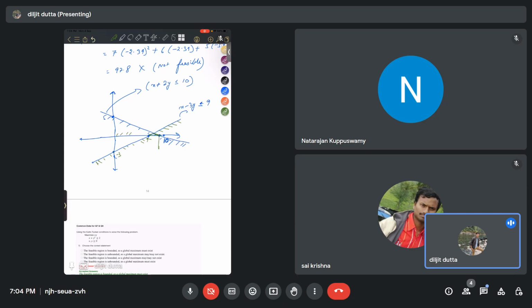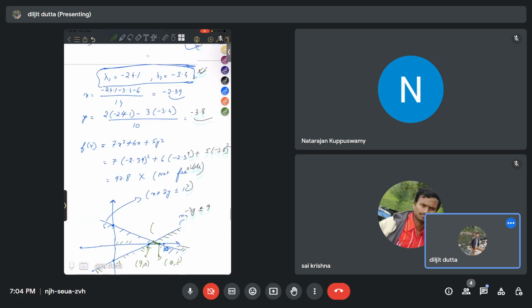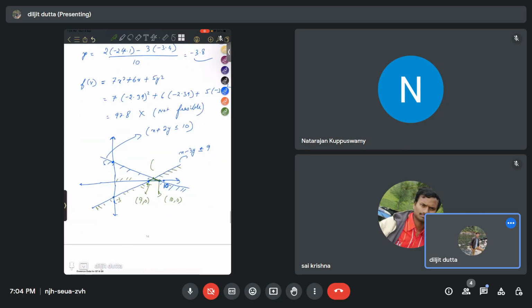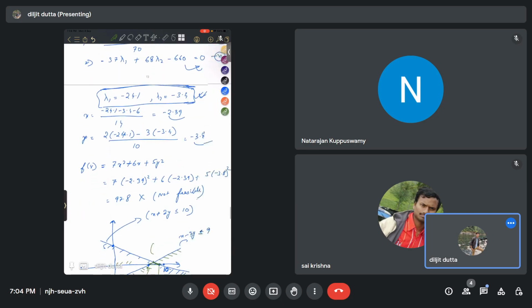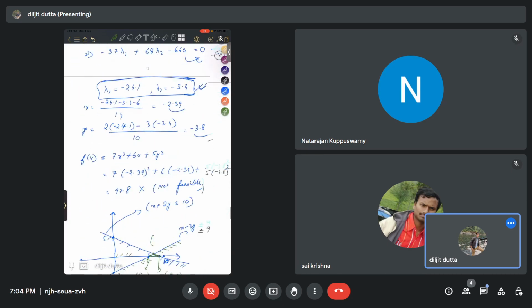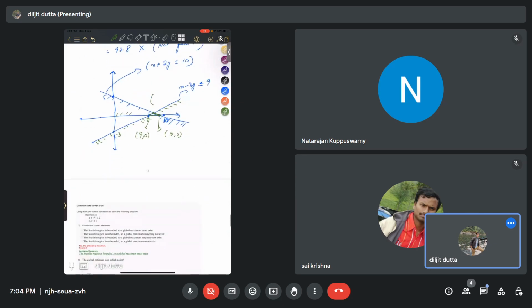So, one point is what? 10 comma 0, the other point is 9 comma 0, and the third point will be the intersection of these two lines. So x minus 3.